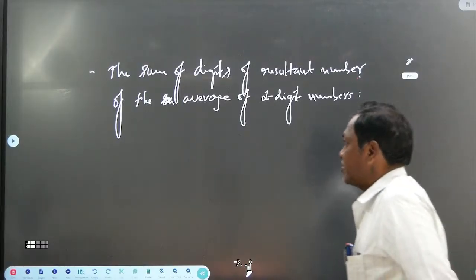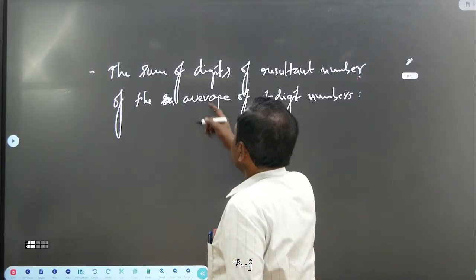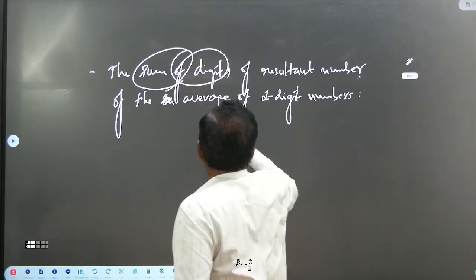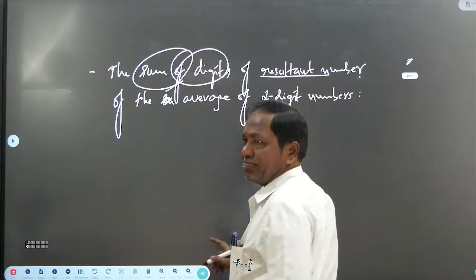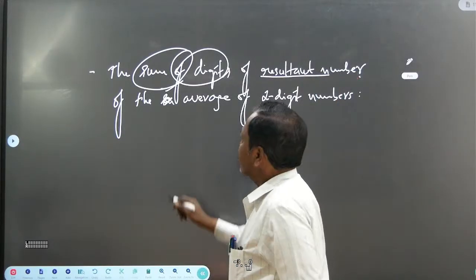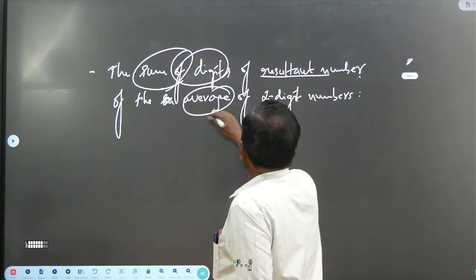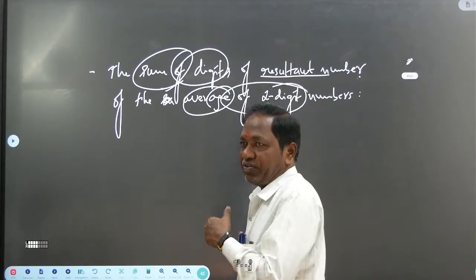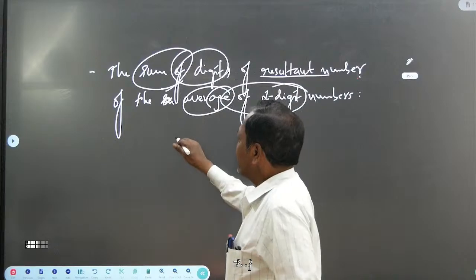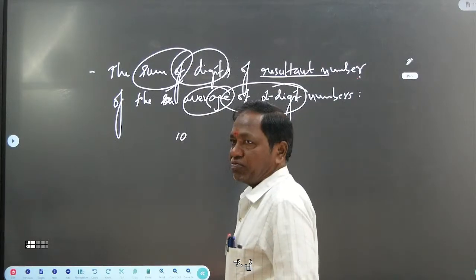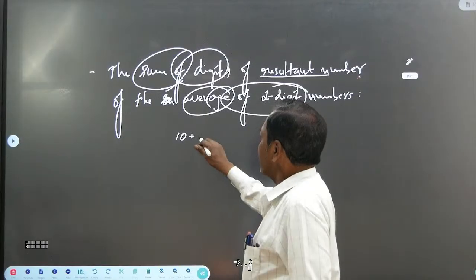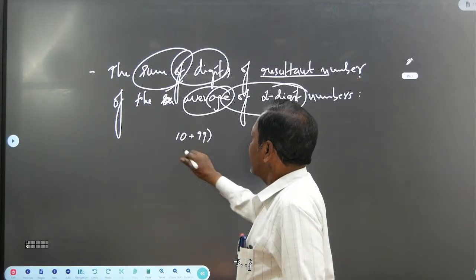Yes, you are taking such a long time. So first, the sum of digits of the resultant number. We can see the result later on. First we have to do the average of two-digit numbers. What is the first two-digit number? 10, plus what is the first number from the last? 99.